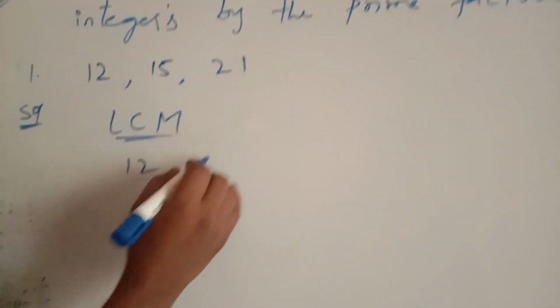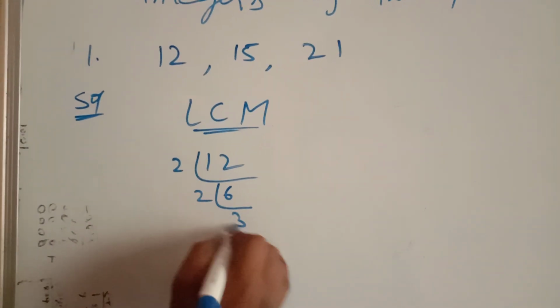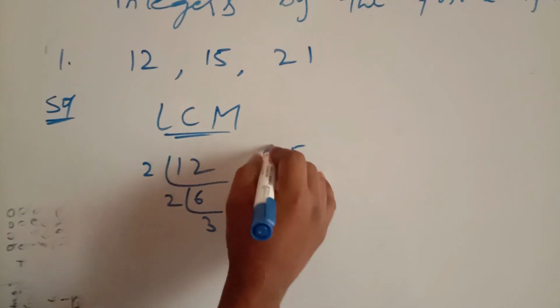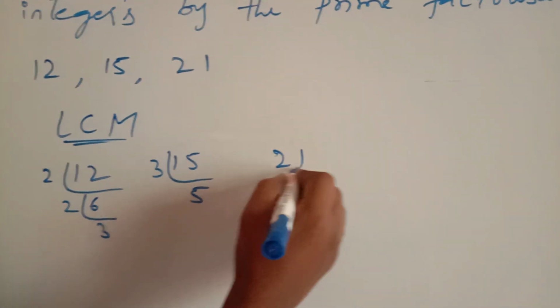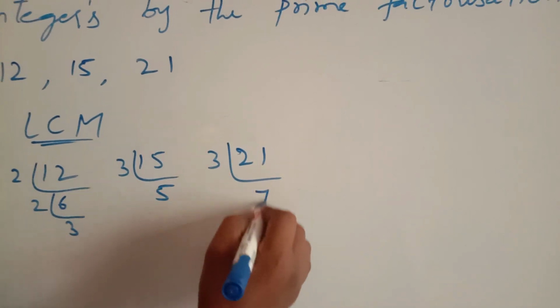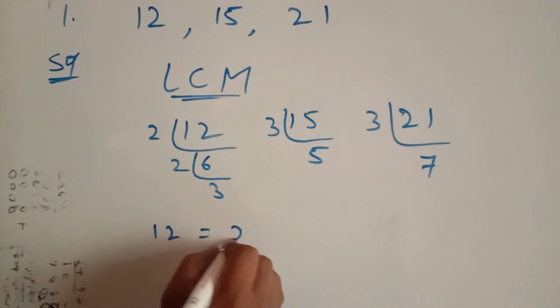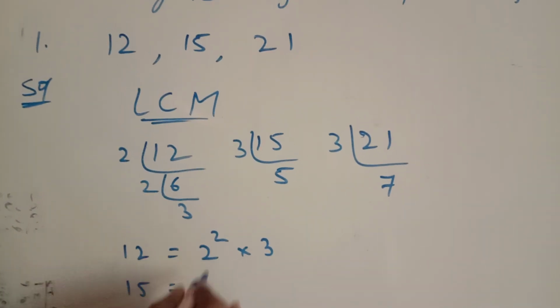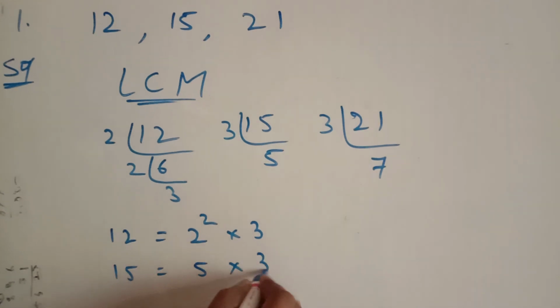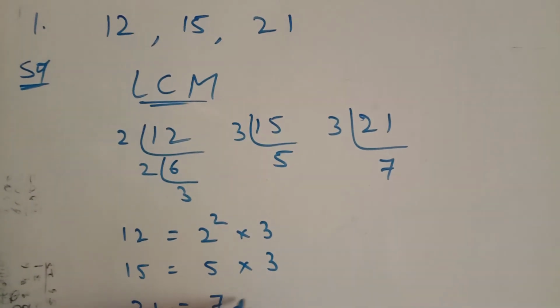We will see HCF first. First 12: 2 6s are 12, 2 3s are 6, 3. 15: 3 5s are 15. 21: 3 7s are 21. So 12 I am representing as 2 square into 3, and 15 as 5 into 3, and 21 can be represented as 7 into 3.